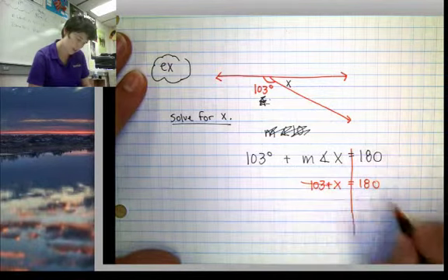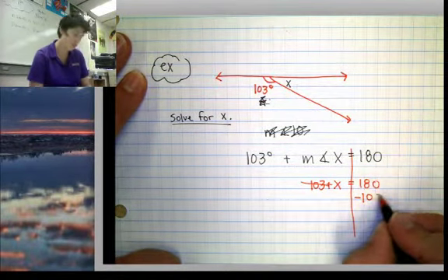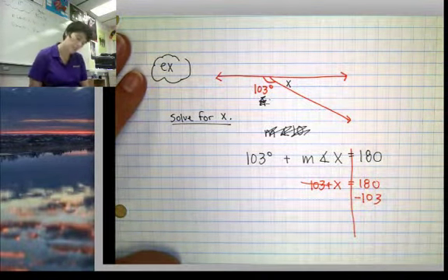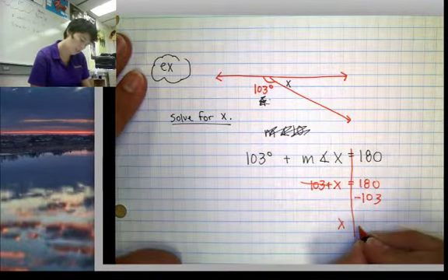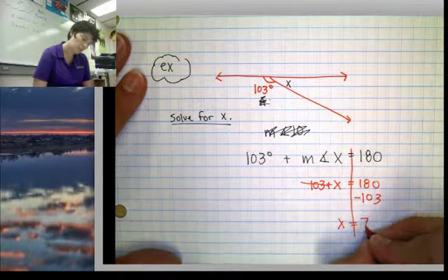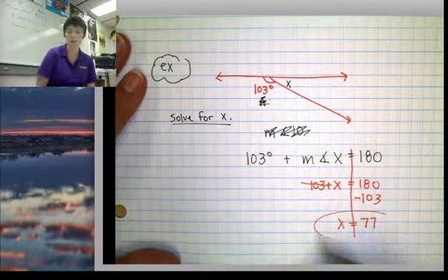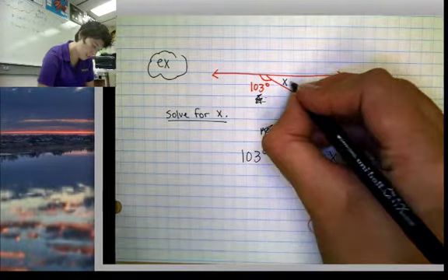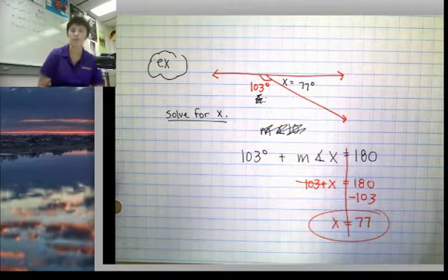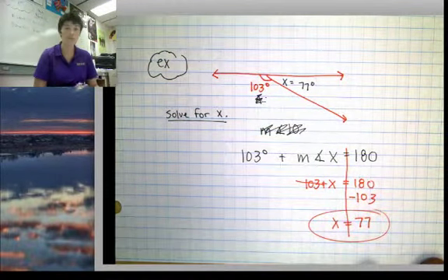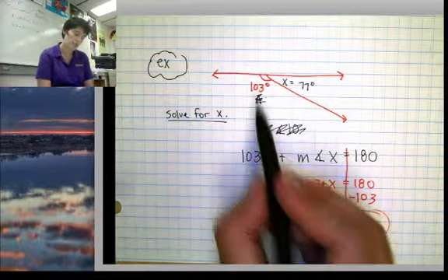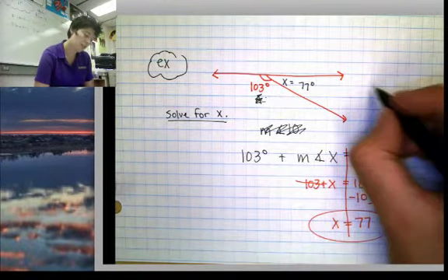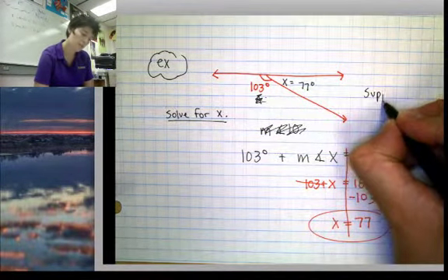Subtract the 103 to the other side. Do the math. 180 minus 103 is 77. So X equals 77, which means this angle is 77 degrees. And I got my answer. And I figured all this out by knowing that these angles are called supplementary angles. They add up to 180.